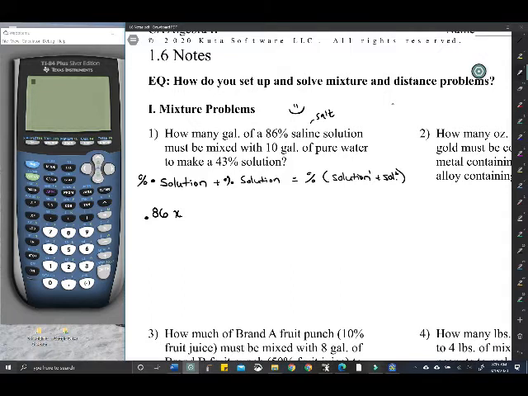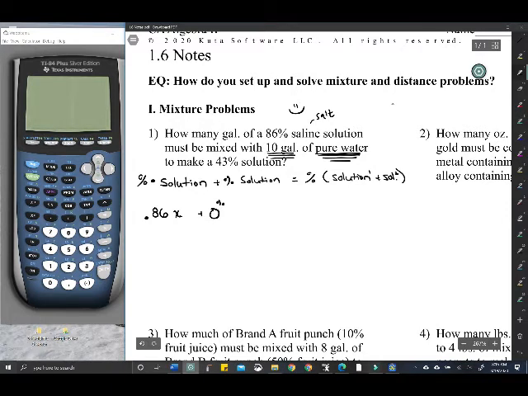Must be mixed with 10 gallons of pure water. So 10 gallons is a quantity. And pure water, here's a little curveball for you. If we're referencing the amount of saline solution, pure water is actually 0% saline.